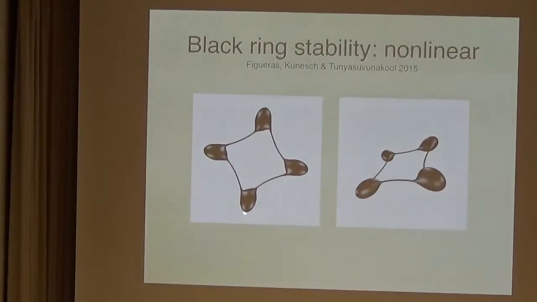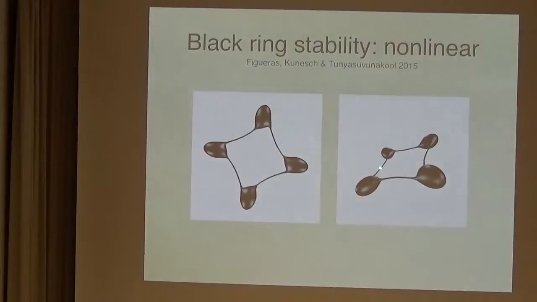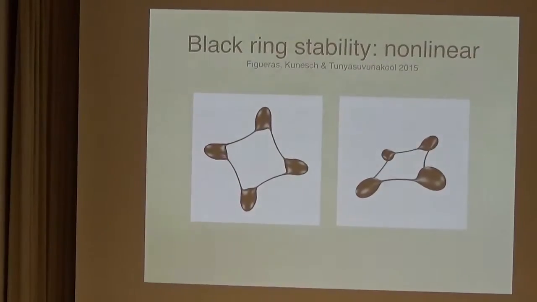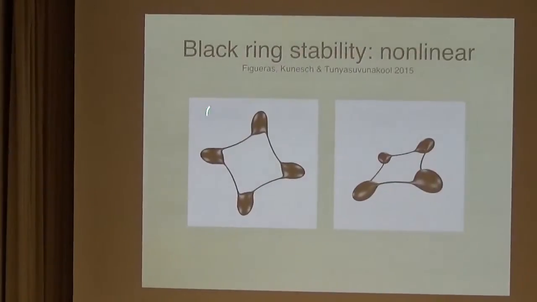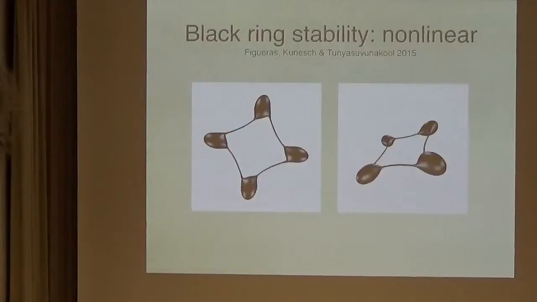So you can see that we've got some big bulges here connected by some very thin necks indeed. So it seems fairly clear that this is the same kind of instability as the black string instability that we're observing. So this seems to be pretty strong evidence that cosmic censorship is going to be violated in the evolution of this instability of this asymptotically flat black hole solution.